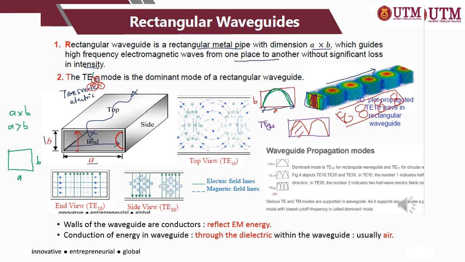So the wave will propagate in a zigzag motion inside the structure, and it will be reflected by the walls of the rectangular waveguide. The conduction of energy in the waveguide is through the dielectric within the waveguide, and it will be reflected at the walls inside the waveguide itself. And usually the waveguide is filled with air.